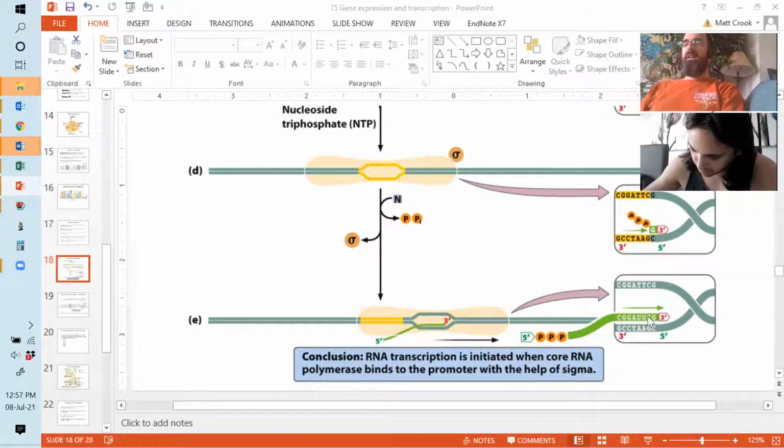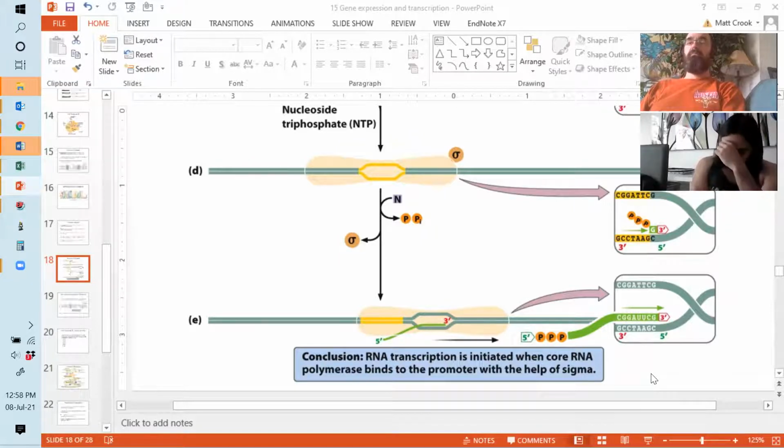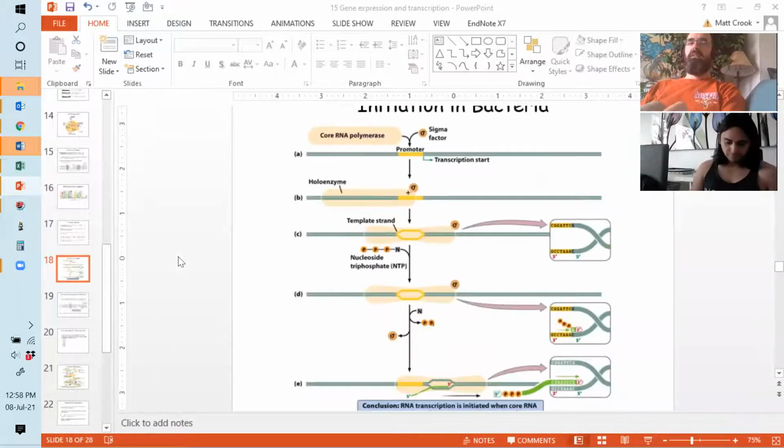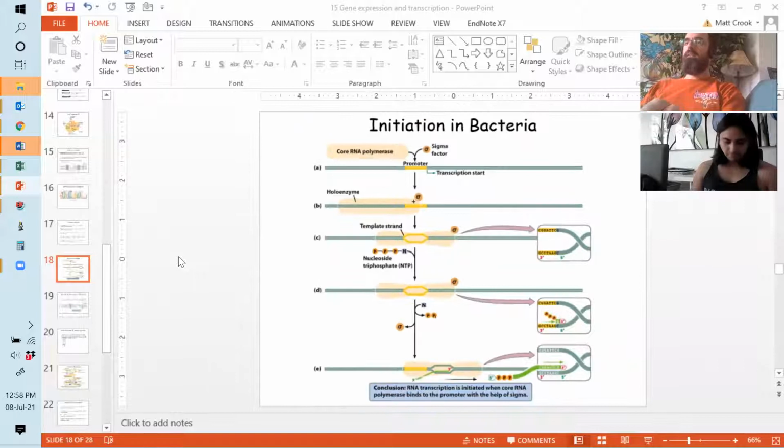And it will synthesize an mRNA that matches the coding strand using the template strand at the bottom. So that's all pretty straightforward, right? It's fairly basic, in a sense. It's a lot more complicated in eukaryotes, as always, typically.